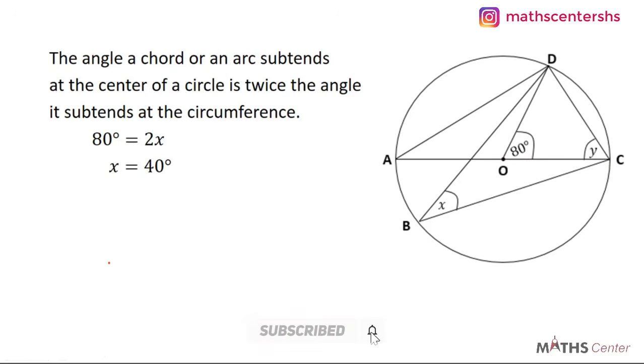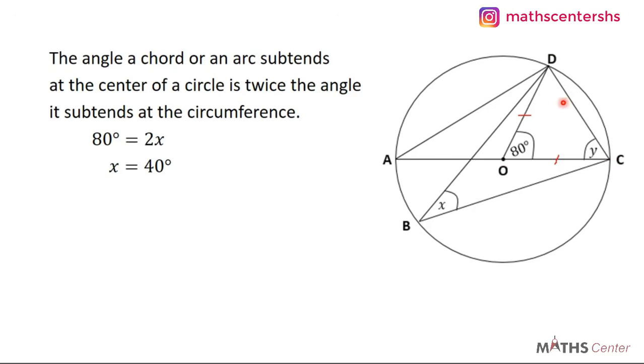So from this we can deduce that the line OD is equal to the line OC. I hope that is clear, because the radius of a circle is always equal. So from O to D, which is a radius, will also be equal to from O to C, which is also a radius.